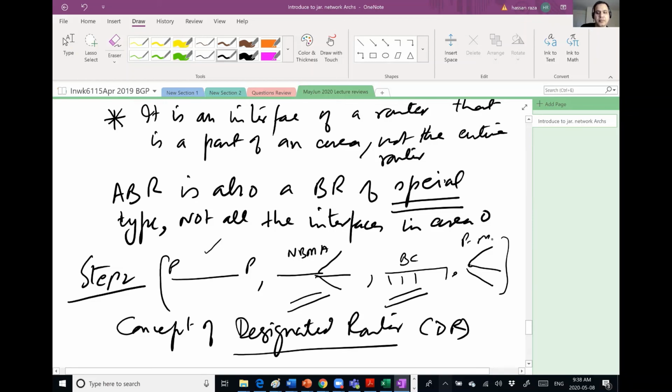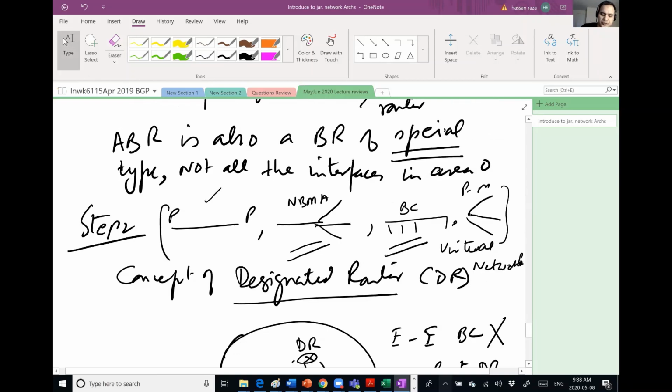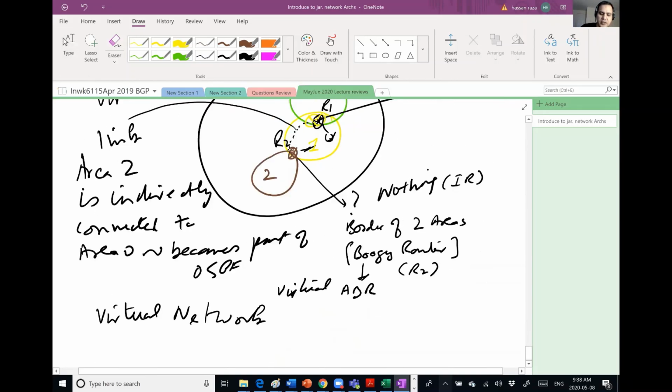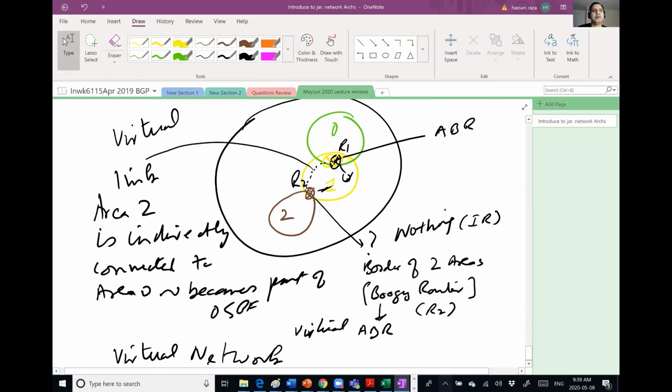In addition to them, there would also be a virtual network. So where would the virtual network be in this situation? When an area is not directly connected to the backbone area, you have to make a virtual network. There are other uses of virtual network also, which we will look into, but this is one of the primary uses.